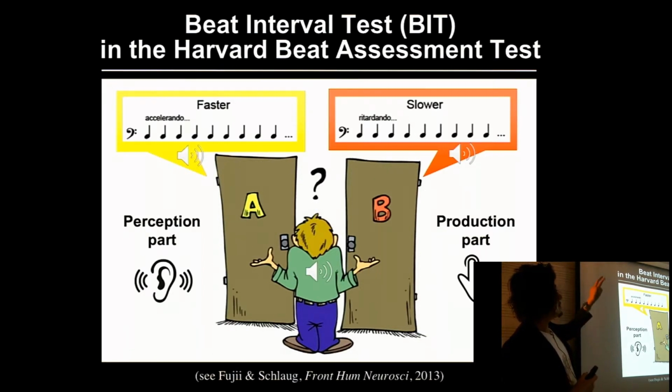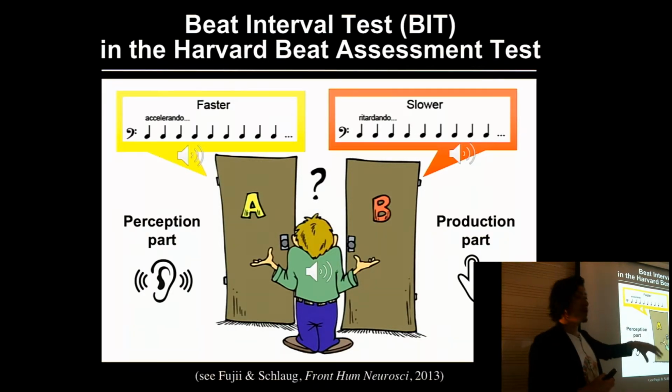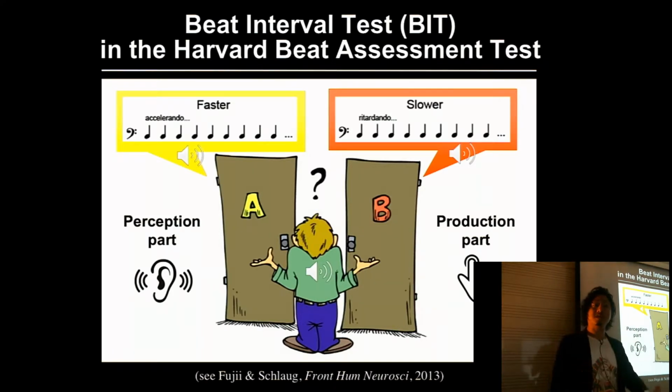This test is a two-alternative forced choice task. You have to choose whether the musical stimulus or this metronome stimulus is getting slower or faster. So like this. So this is getting faster, right? Very easy to say. And then this one, the beat is getting slower.